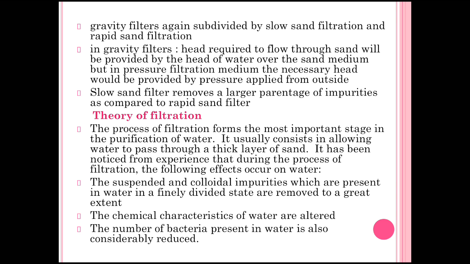So these two types of impurities present in water in a finely divided state are removed by this filtration method. The chemical characteristics of water are also altered. The number of bacteria present in water is also considerably reduced. Means these are the benefits that occur due to filtration.